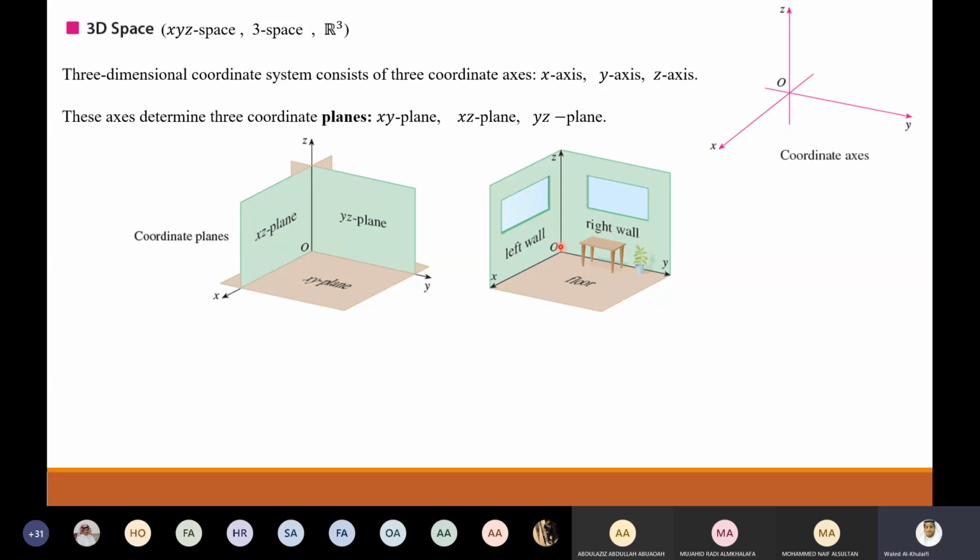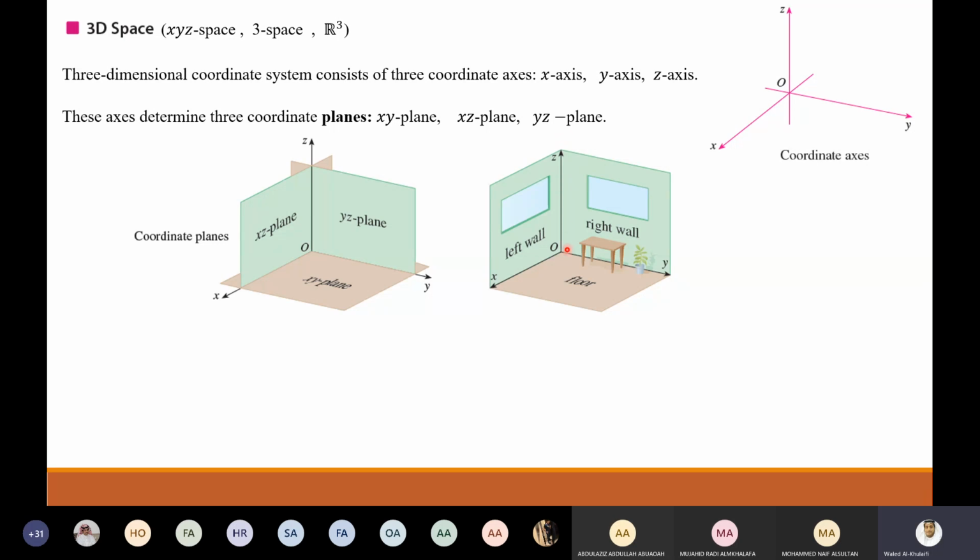Just stand in front of a corner and imagine that corner down in the bottom. This is your origin, O. The line down on your left you can think of as the x-axis, and the other line on the right you think of as the y-axis.